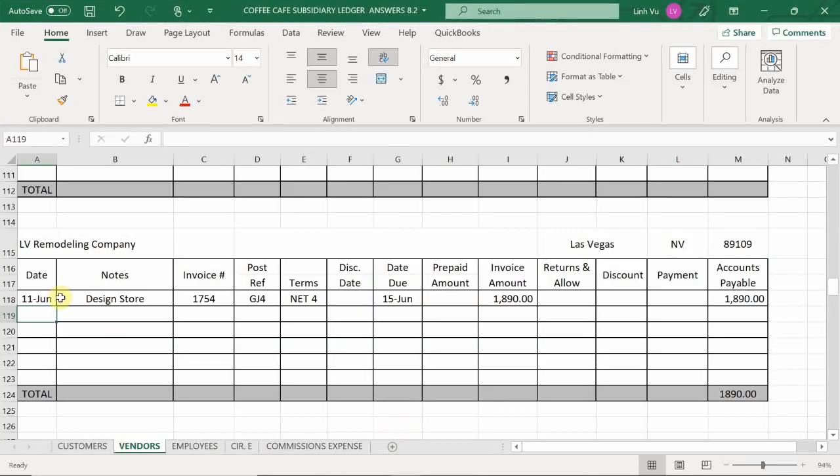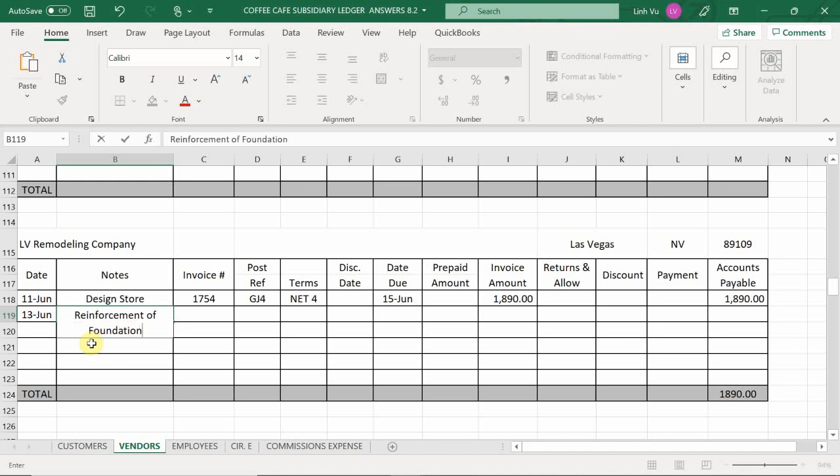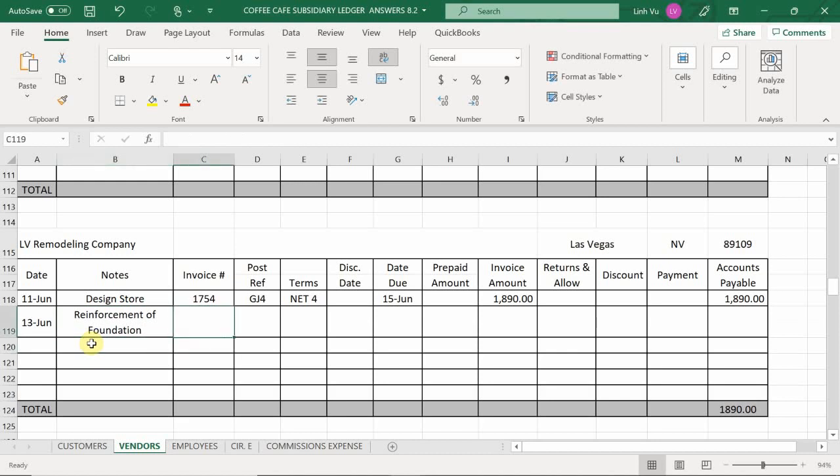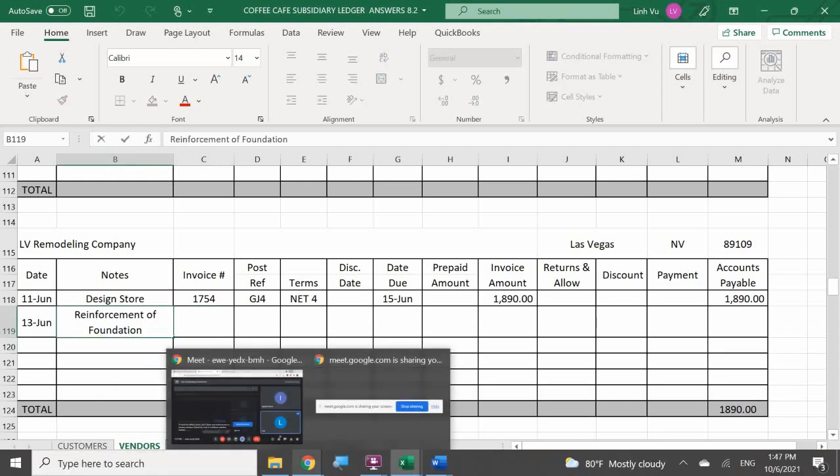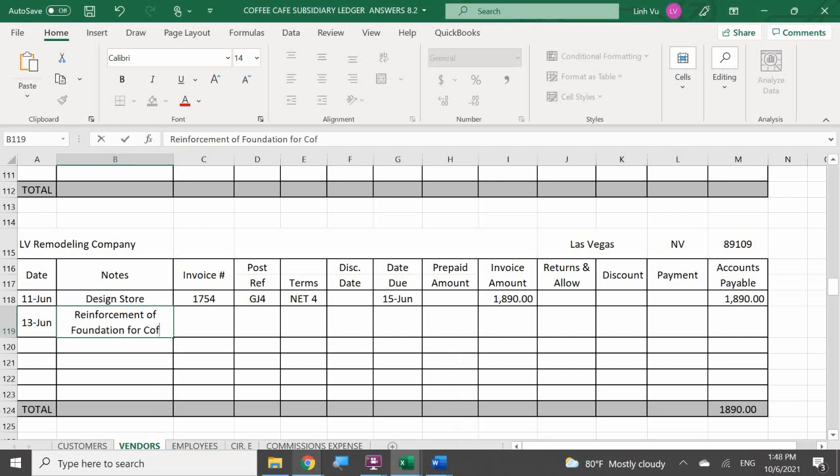So with LV Remodeling Company, it is now 613. We got billed for the reinforced foundation. You could put for coffee grinder.